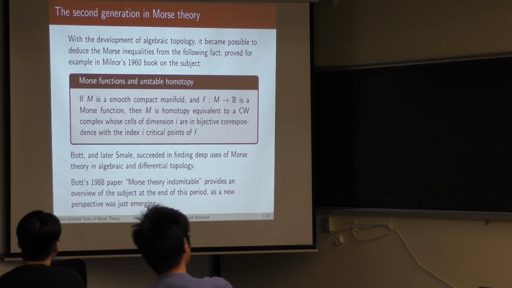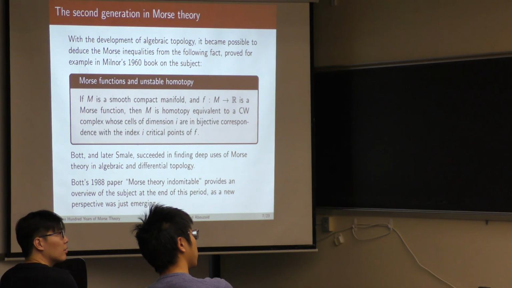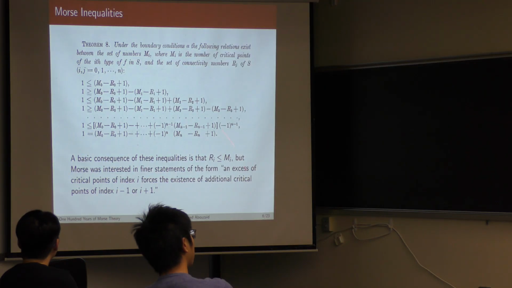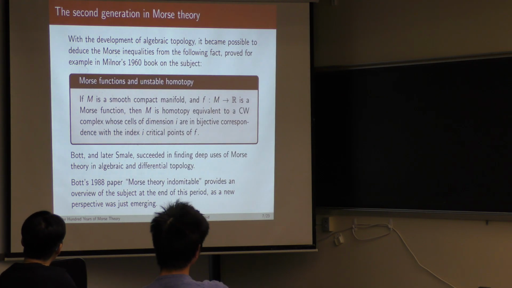And if you apply to this formulation the machinery of homology and long exact sequences in homology for pairs, then you can recover everything that Morse stated explicitly. That was the way things were viewed in the 60s.